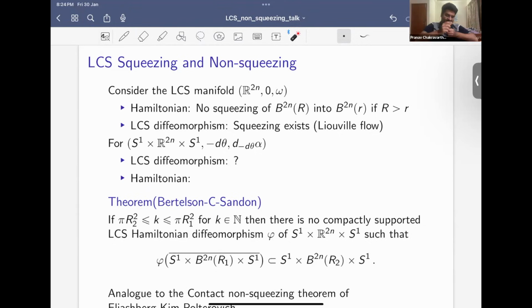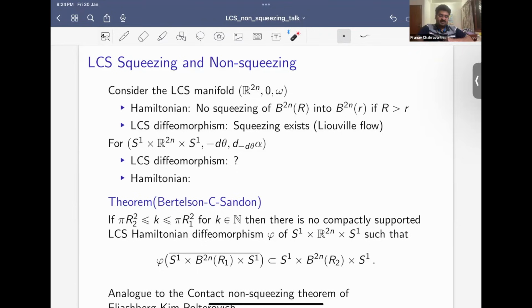Okay, so what do we mean by non-squeezing again? For an LCS manifold for which the Lee form is exact, suppose you have a ball of radius capital R and a ball of radius small r. There is no squeezing by Hamiltonian diffeomorphism because of Gromov's non-squeezing theorem.